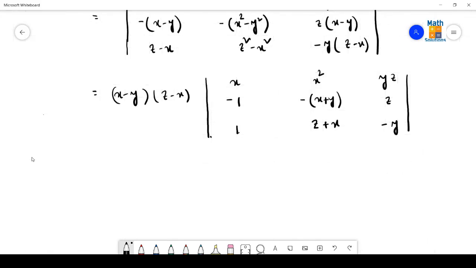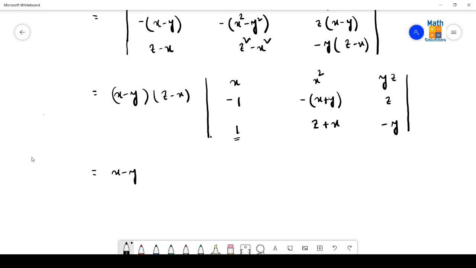After that we find that we should try to get the maximum number of zeros along any row or column. Here there is an option. If I replace R3 by R3 plus R2, in that case this term can be 0.